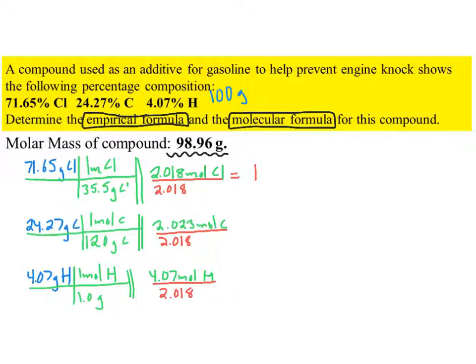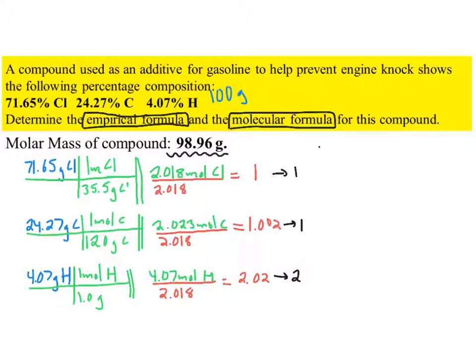For carbon, I get 1.002. And for hydrogen, I get 2.02. Percent to mass, mass to moles, divide by smallest, and round till whole. So this stays at 1, this will round to 1, and this will round to 2.